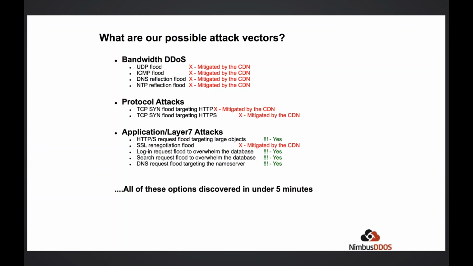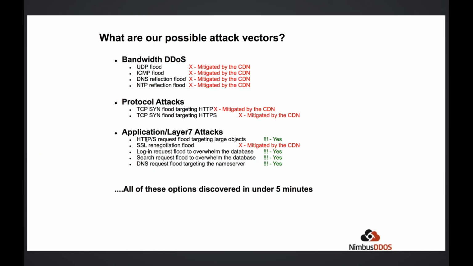So it might not fill the internet circuit, but it will put undue stress on the firewalls and the other network equipment in your environment. This was the attack that was used in our last webinar that was highly effective at that time. And you can see that that's no longer an attack vector because that SYN flood would be absorbed by the CDN vendor.